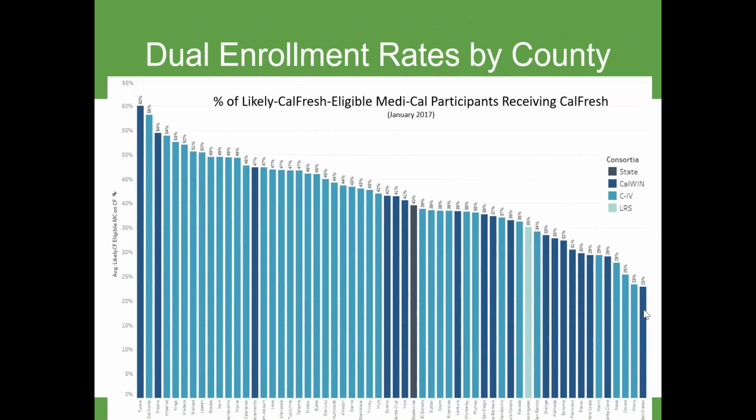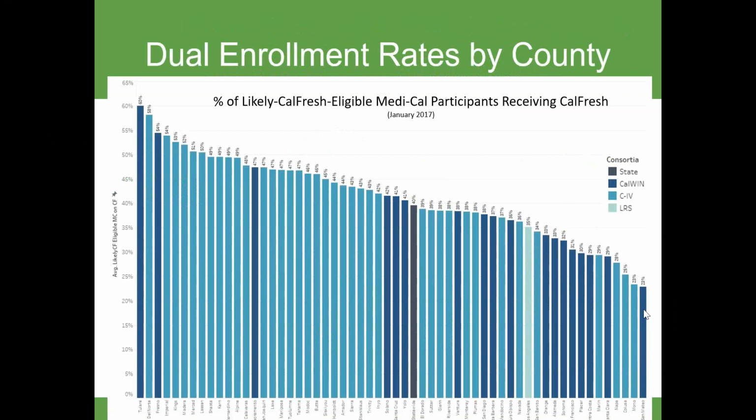The state rate is in the middle there, that gray bar, at 40%. And it really gives us a sense of how variable this is by county. In some counties that really may suggest that there's room to reach more folks.